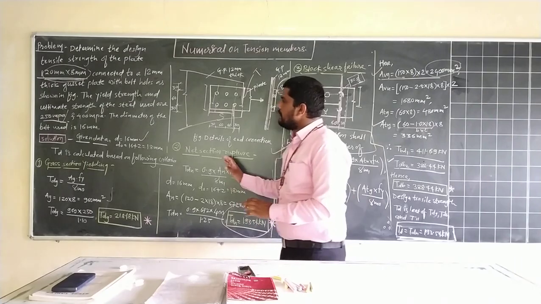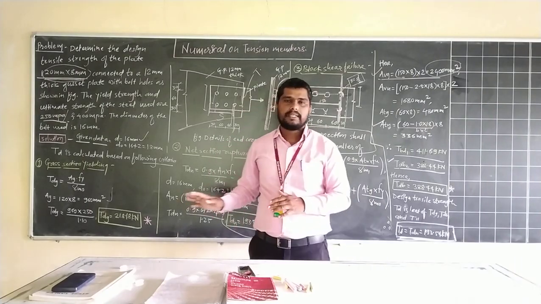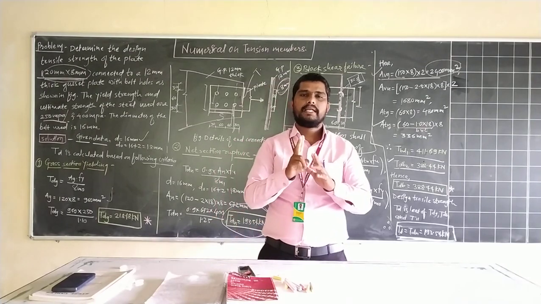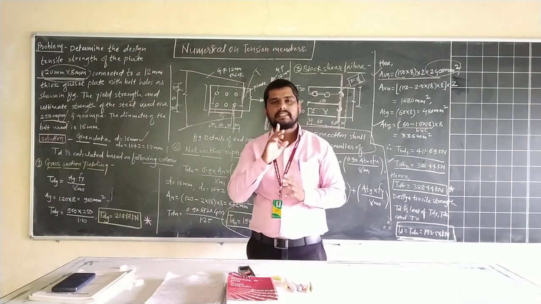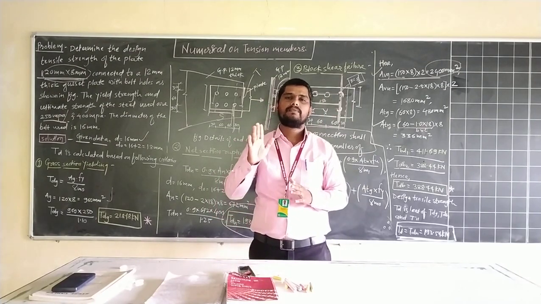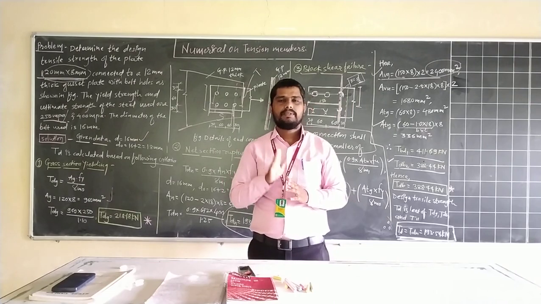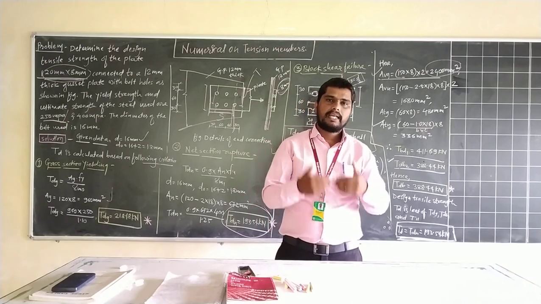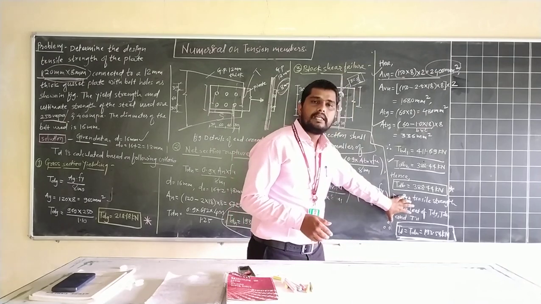One thing is very important in this numerical, because we are dealing with a tension member. There are mainly two types of numericals asked. The first type is analysis of a structure, where the cross section is given and with its help we find the design strength.